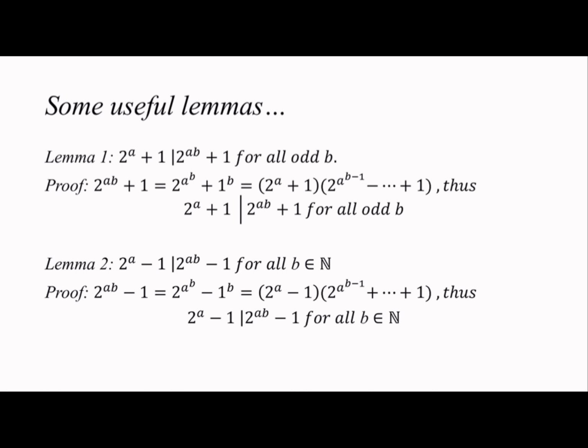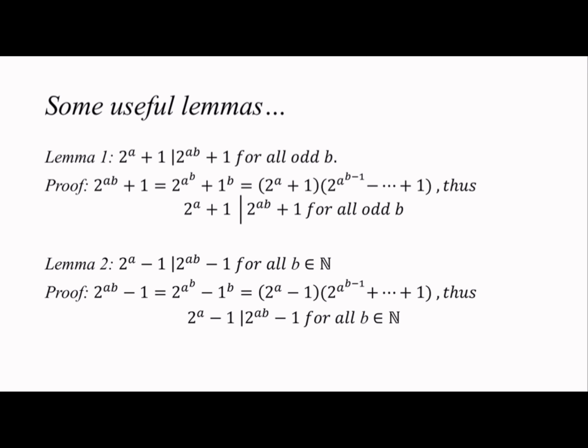We will be using some useful lemmas. These are lemmas that are actually pretty classic and seen a lot, so I suggest you remember them and use them as formulas. Firstly, the first lemma is that 2 to the power a plus 1 divides 2 to the power ab plus 1 for all odd b. The proof is you can use the previous formula 2.